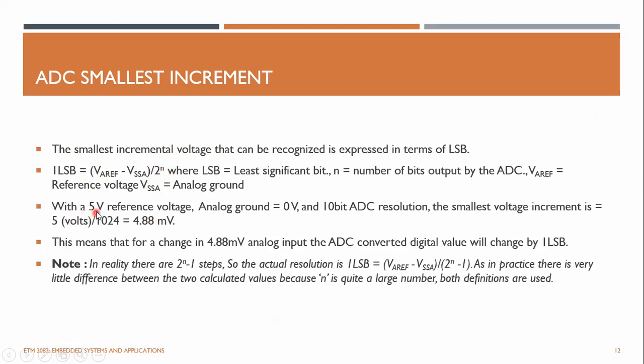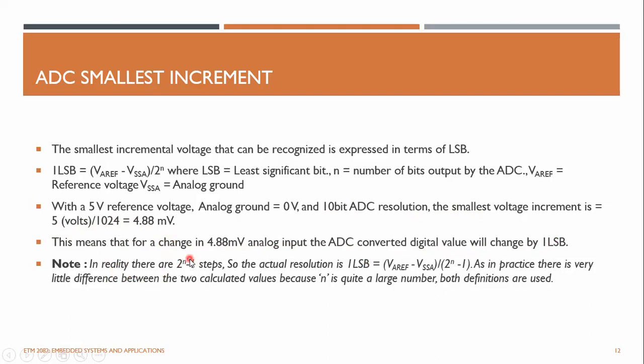For example, with a 5 volt reference, analog ground 0, and a 10-bit ADC resolution, the smallest increment is 5 divided by 1024, which is around 4.8 millivolts. This means that for a change of 4.8 millivolts in the analog input, the ADC digital value will change by 1 LSB.